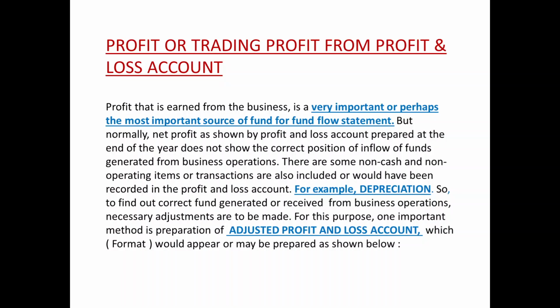We are going to discuss this type of items in detail after a few minutes. So to find out the correct fund generated from business operation in the context of operating profit received in cash, which would be the source of fund for the fund flow statement, necessary adjustments are to be made.